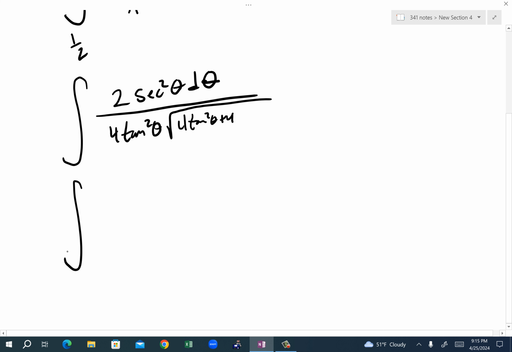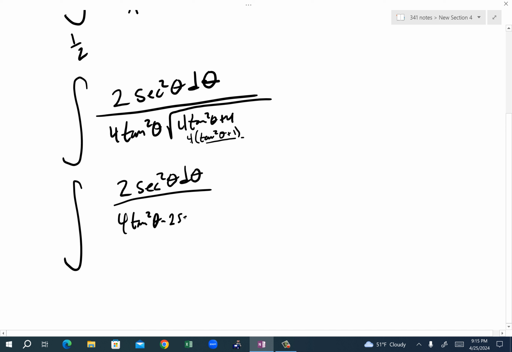Take a 4 out, you get tan squared plus 1. That's secant squared. And the square root of 4 secant squared is 2 secant theta. Now we're home free.